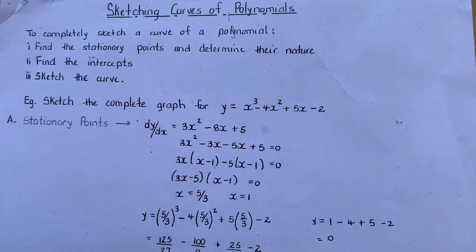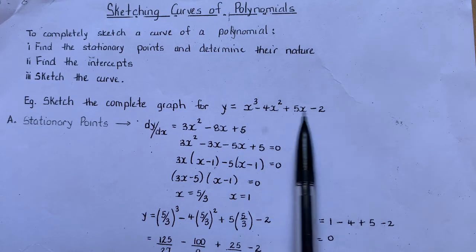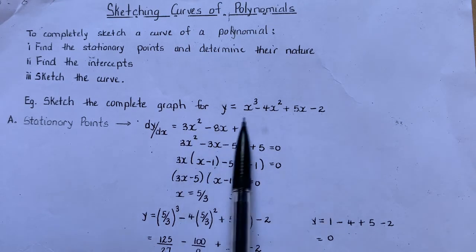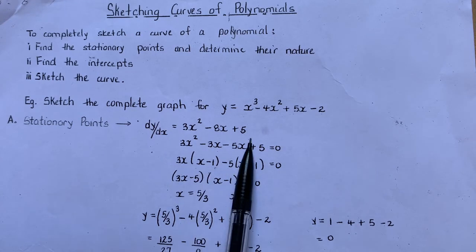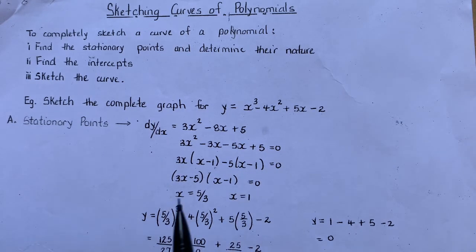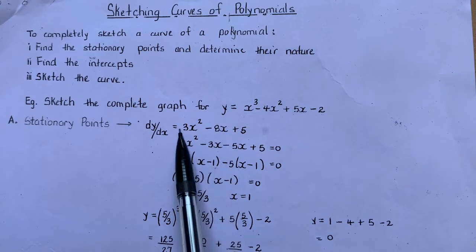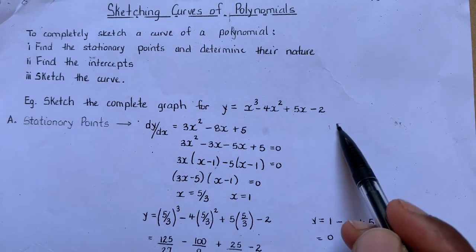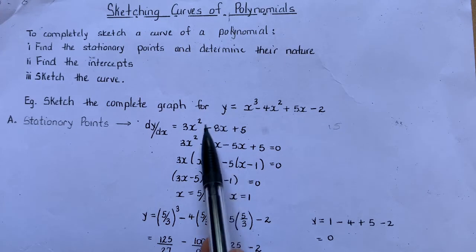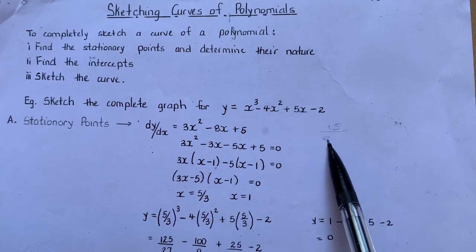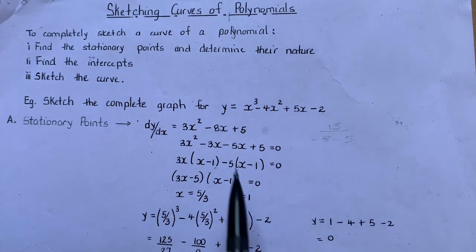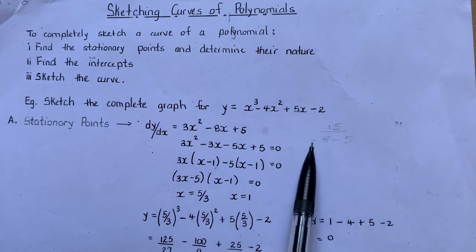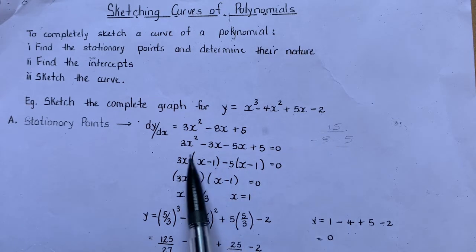So first, stationary points. When we differentiate, from our y function, we will get 3x squared minus 8x plus 5, as you see here. Now, we need factors which, when multiplied, will give us 15, and when added, give us negative 8. Those are going to be negative 3 and negative 5. So, in place of our negative 8x, we're going to have a negative 3x and a negative 5x.